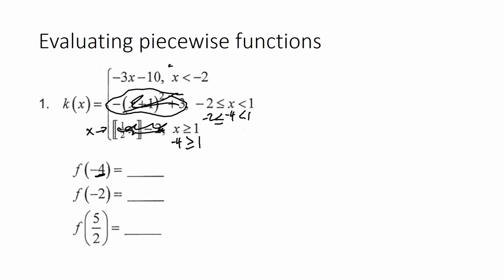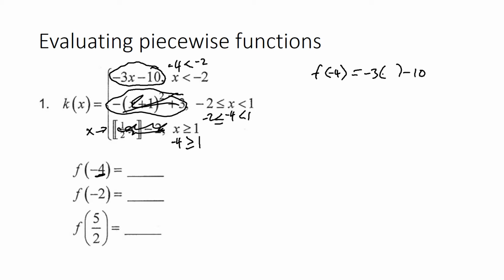So were we to replace -4 with x here, is it true that -4 is less than -2? Yes, it is. So we will use this function to evaluate f of -4. So for our piecewise function, f of -4 is defined for the function -3x subtract 10.